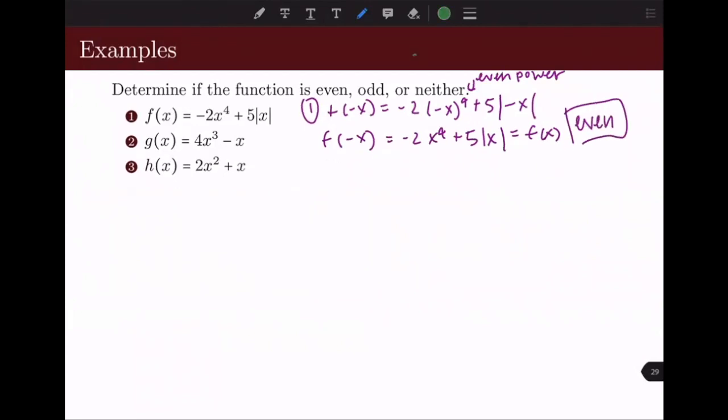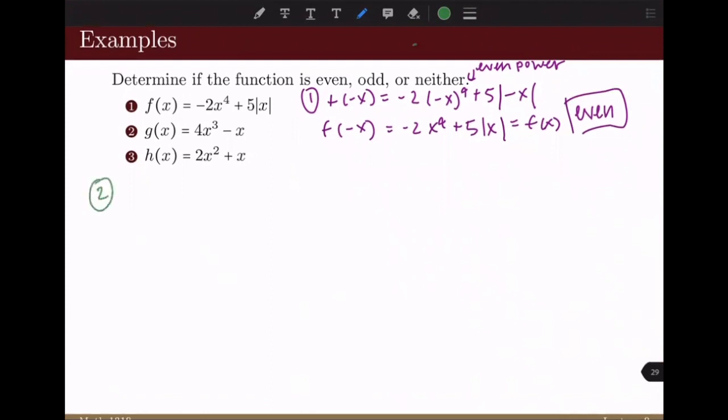Let's move on to number 2. So we'll have g of negative x equals 4 times negative x cubed minus negative x. All right, that means g of negative x is going to be, we can pull this negative out front, negative 4x cubed.